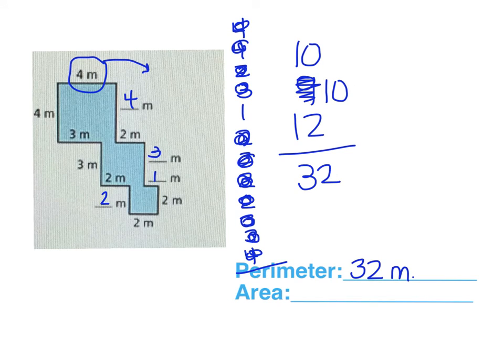Now, in order to find the area, I need to break this complex figure into multiple rectangles. So what I'm going to do is just cut this off here and pretend like these are all separate squares. So I'm going to find the area of my first square here, which is 4 times 4, which equals 16.